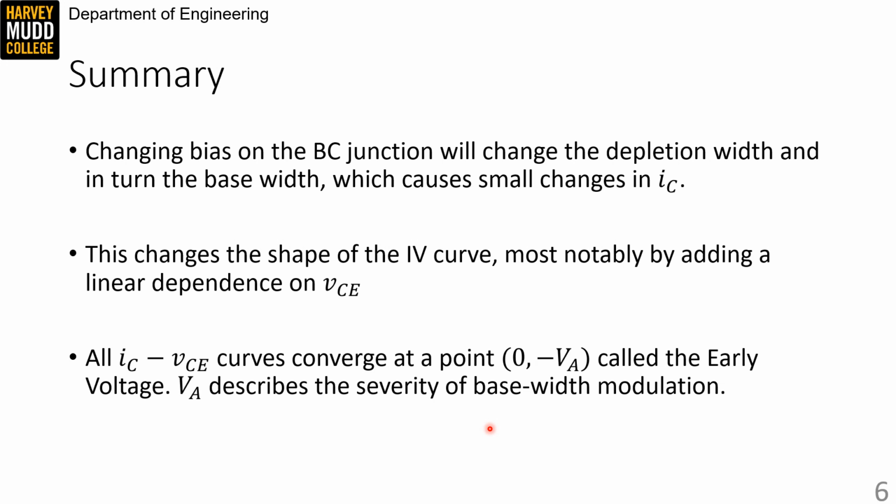These small changes in IC change the shape of our IV curves, most notably by adding a linear dependence of IC on VCE. And that linear dependence means that all IC VCE curves converge at a point minus VA, 0, which is called the early voltage. So VA describes the severity of base width modulation.